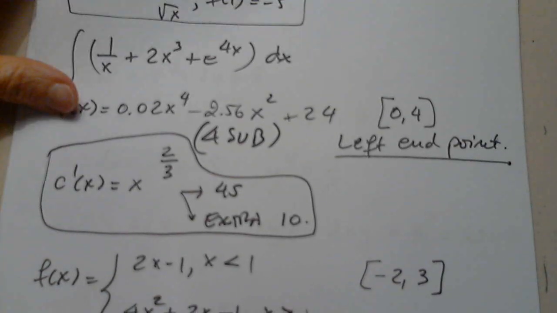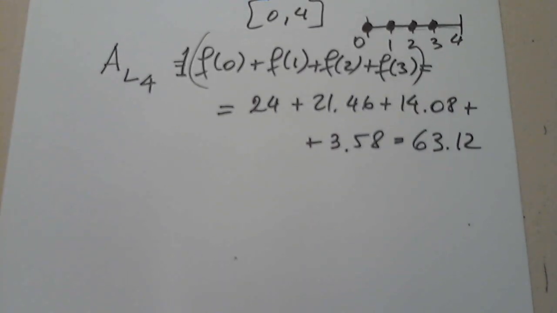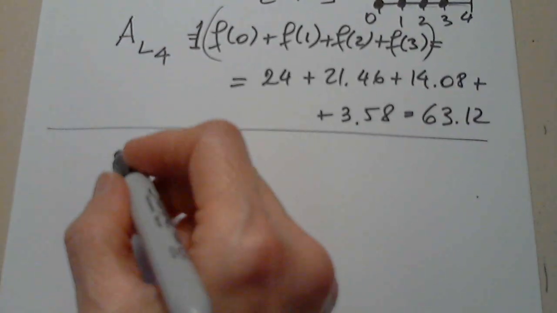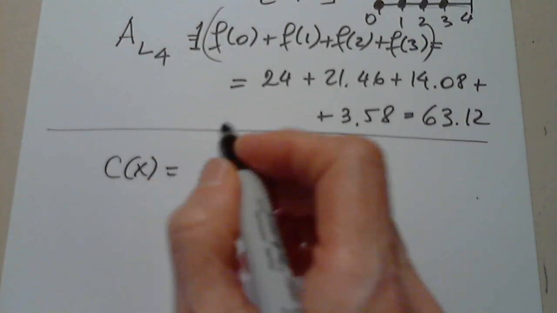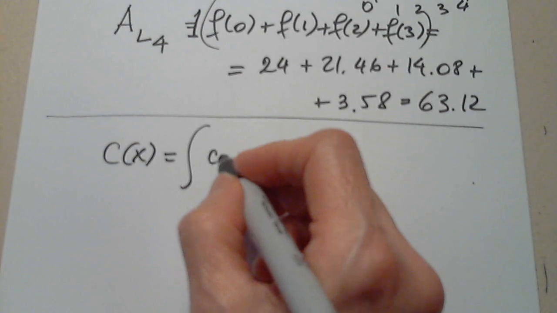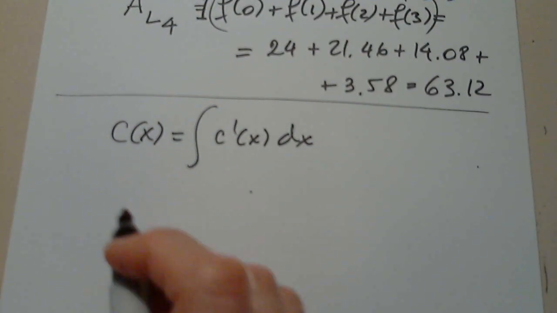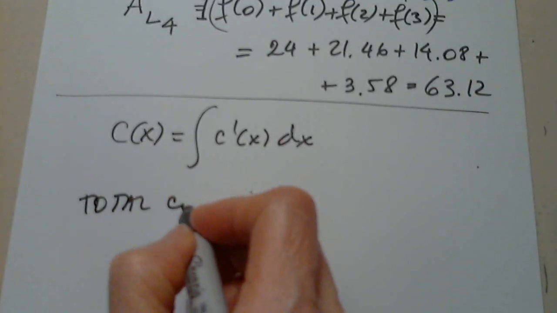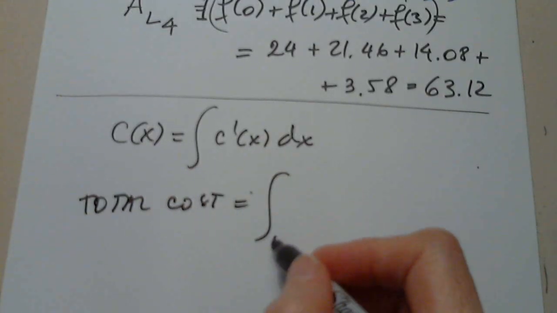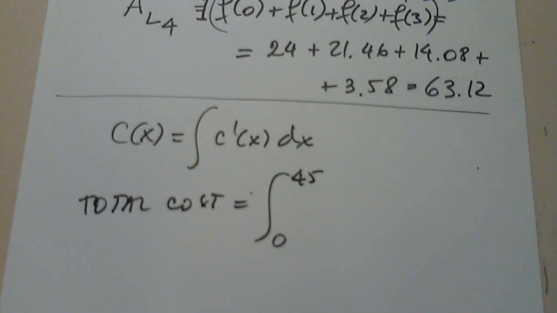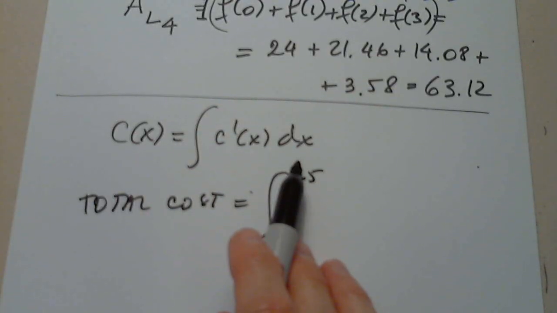Okay, very good. So for the total cost, this is the integral of c prime of x dx. We know that. But now the total cost is from 0 to 45. So this is the function.